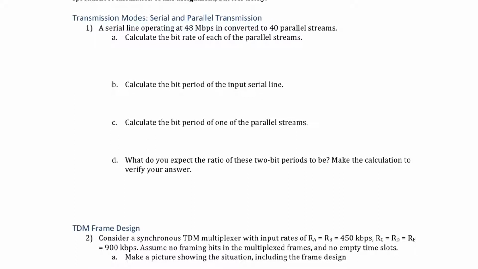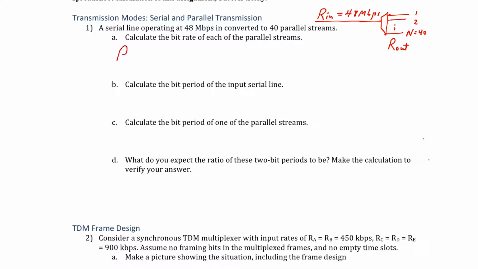Okay, I'm going to do an example problem of serial to parallel conversion. We've got an input data stream with an input data rate of 48 megabits per second, and it is turned into n = 40 output streams, each with a bit rate R out.